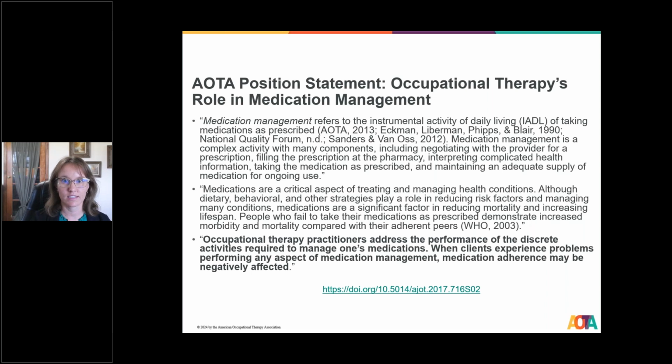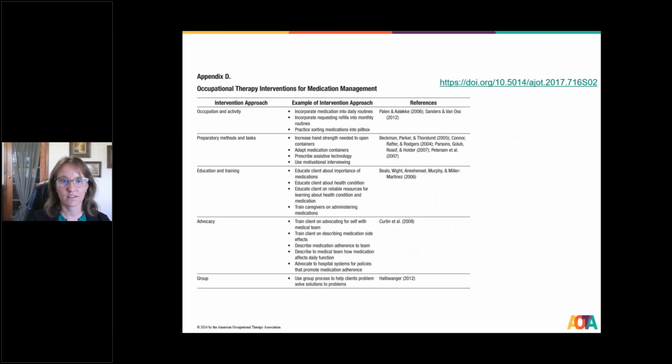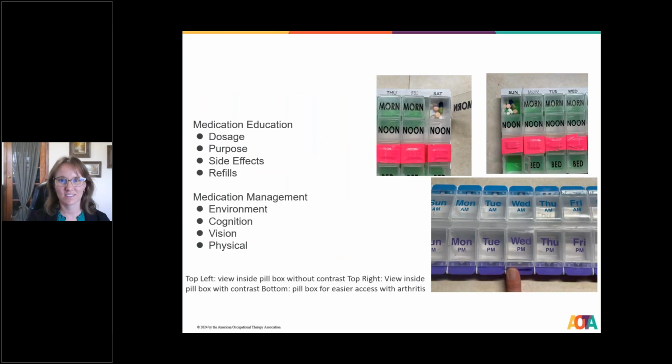Next slide. There are different ways we can do this through occupation: incorporating into daily routines, requesting refills, how to change the environment. Maybe it is working on hand strength as well. These are just some of the different ways. Next slide, please.